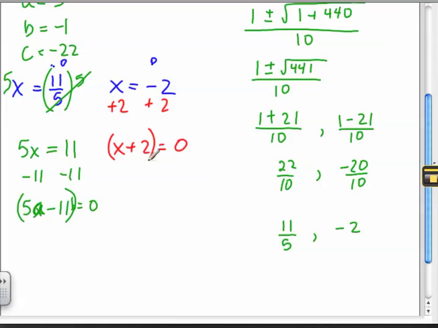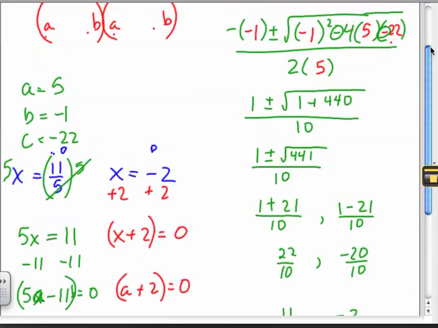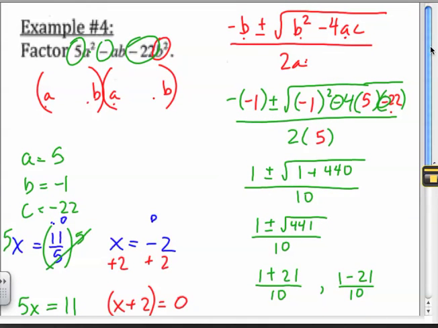So in this case, it's not going to be x plus 2, but it's going to be a plus 2b equals 0. So now my two binomials are 5a minus 11b, and a plus 2b, because that's what the other binomial was.